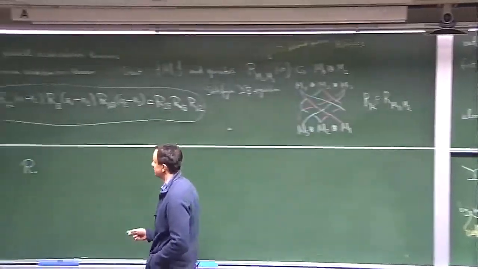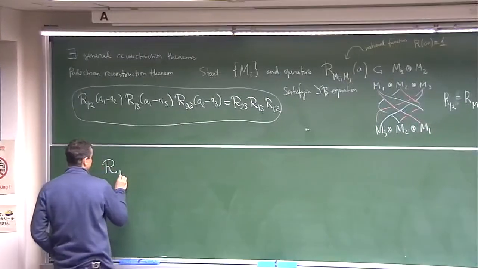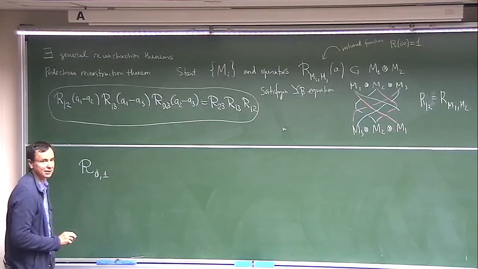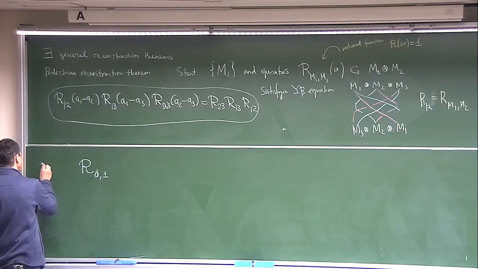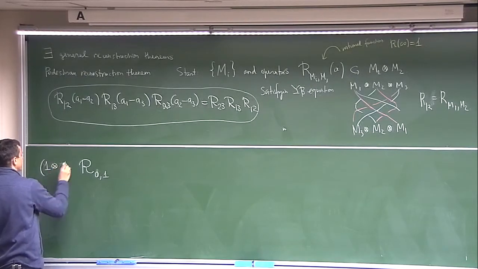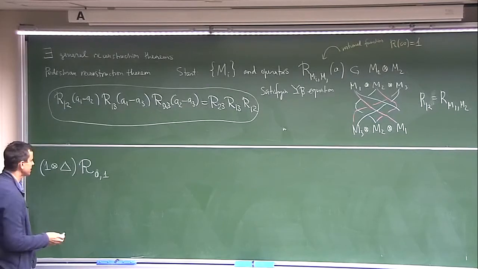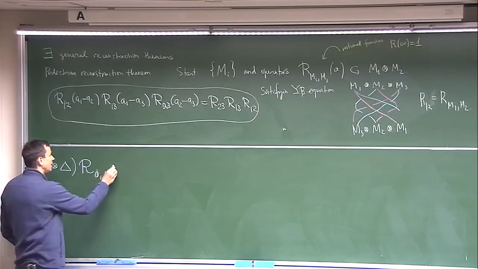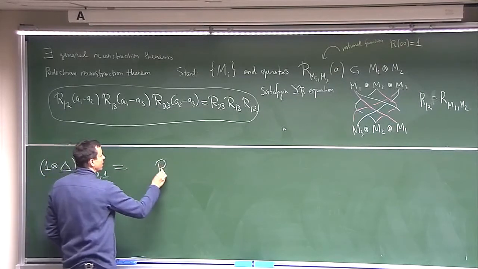So there's, let me call it, the zeroth entry and the first entry. And if I take it, 1 tensor the coproduct, this is how it's now supposed to act in the tensor product of two things. And so that would be how it acts.